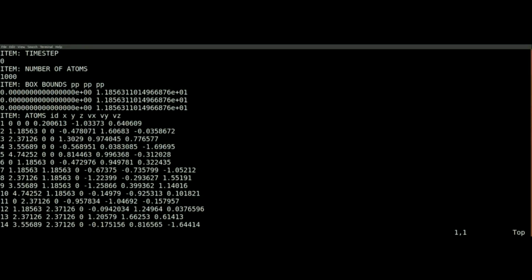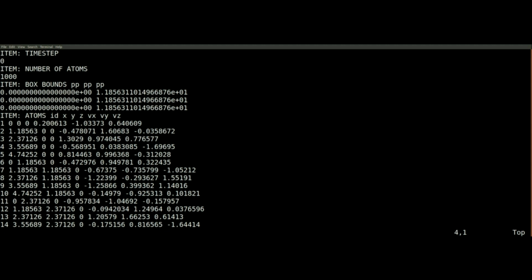So let's talk very briefly about what's in this file, because it's actually quite interesting. The first line tells you what is output below it. So here it says item: time step. That tells you below me is which time step we're on. So we're starting on time step 0. Fine. It outputs the position at the very start of the simulation. Next item, number of atoms.